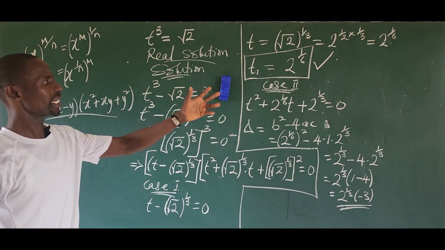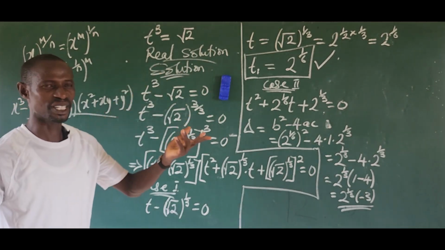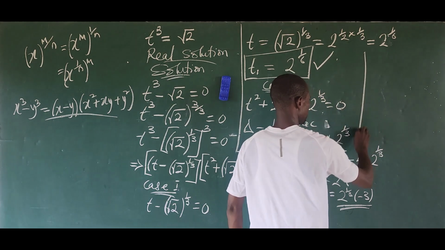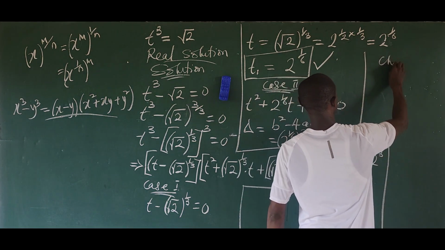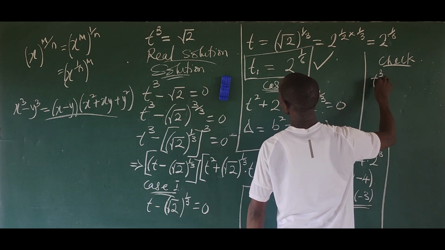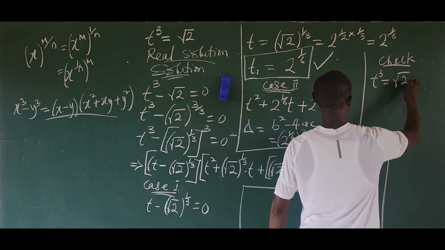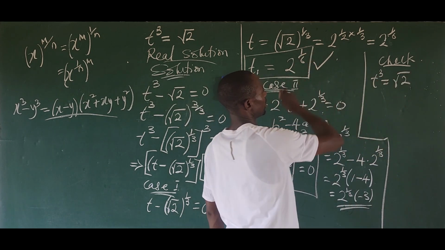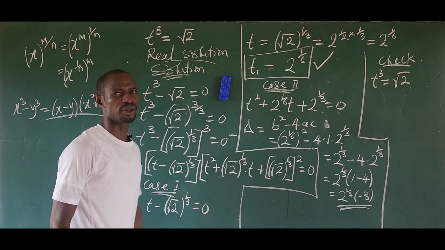Now, we can check if this actually satisfies the original equation. Simple. So let's take a simple check to this. So we have here check. The equation is t to the power of 3 equal to the square root of 2. What is our t here? t is 2 to the power of 1 all over 6.